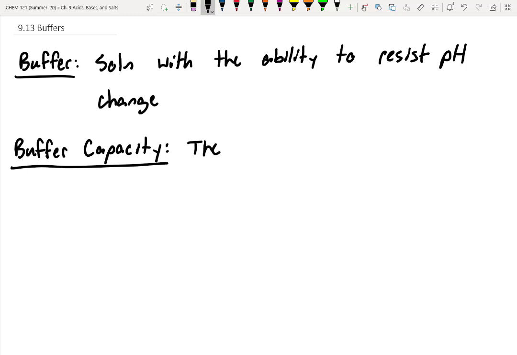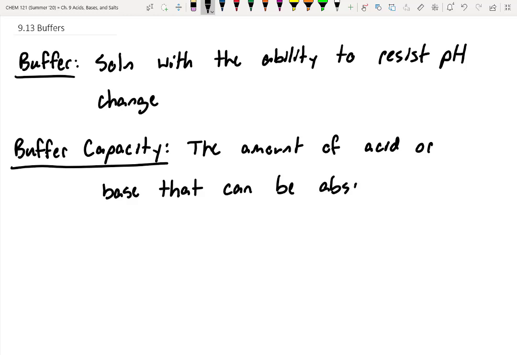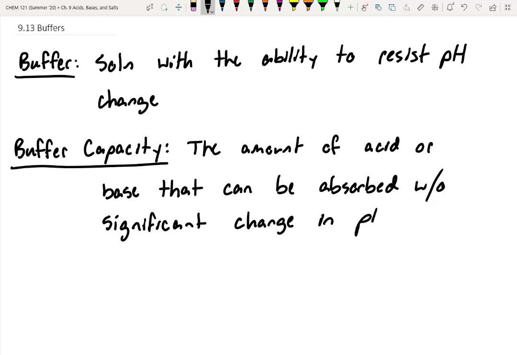So this is the amount of acid or base that can be absorbed without a significant change in pH. So in a buffer system, you might get a slight change, but the whole idea with a buffer is you prevent these radical swings in pH.